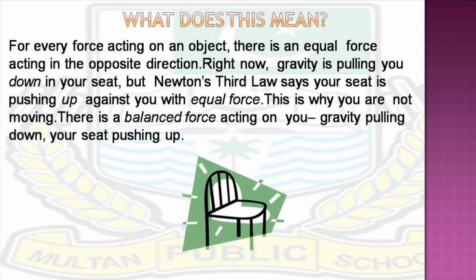Right now, gravity is pulling you down in your seat, but Newton's third law says that your seat is pushing up against you with equal force. So this is why you are not moving. There is a balanced force acting on you: gravity pulling down, your seat pushing up.